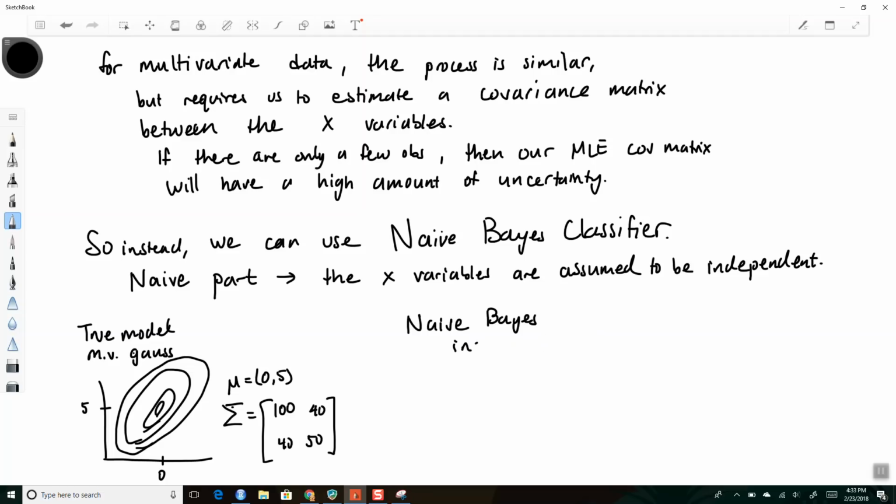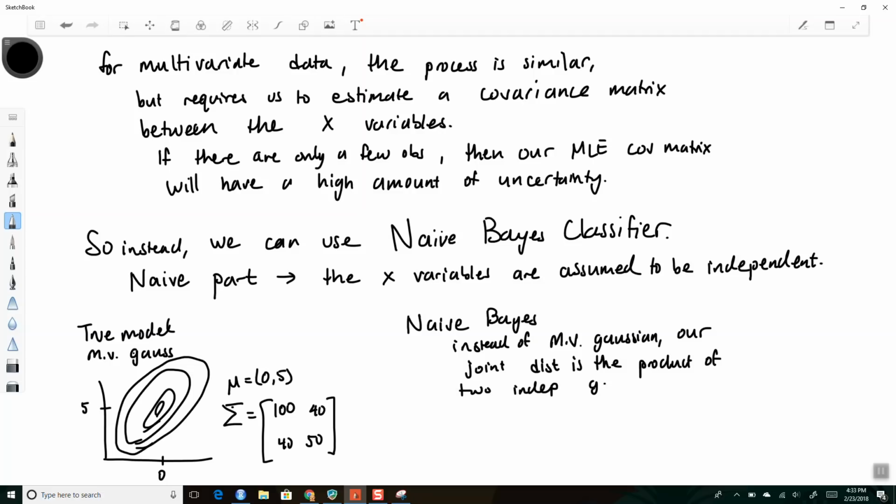So instead of a multivariate Gaussian, our joint distribution is the product of two independent Gaussians. And what does that look like in the picture?